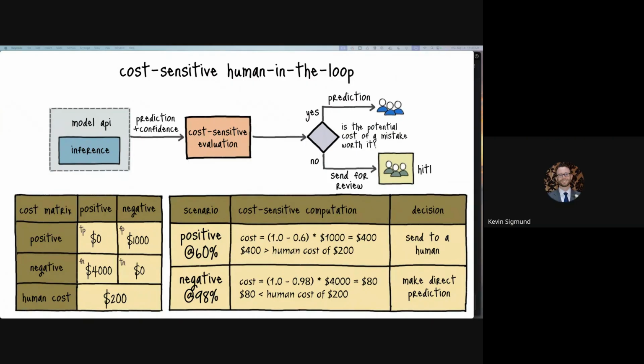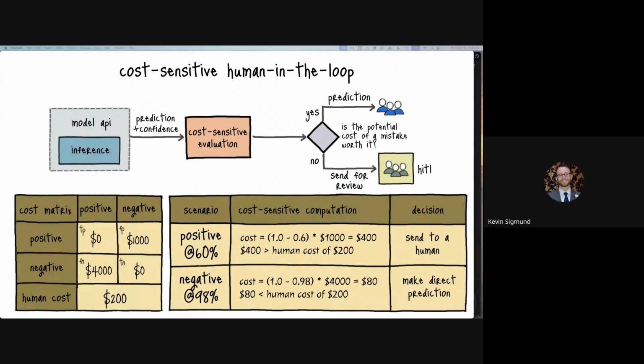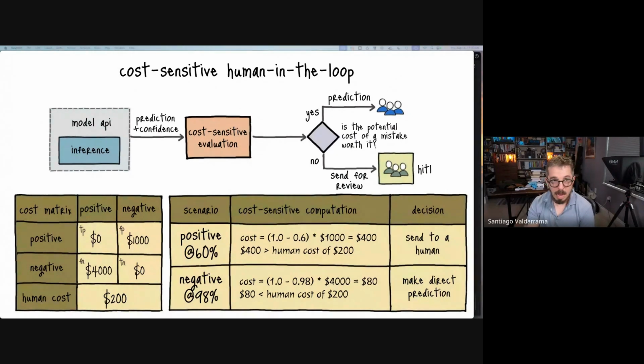Maybe you mentioned this, apologies if you did. For the cost-sensitive evaluation, is that a model itself, or can that just be more of a static component that you implement with normal static programming, or compute the costs and make that decision? This is just static. You're just using a formula to make a decision here. Cool. I mean, it could be a model.